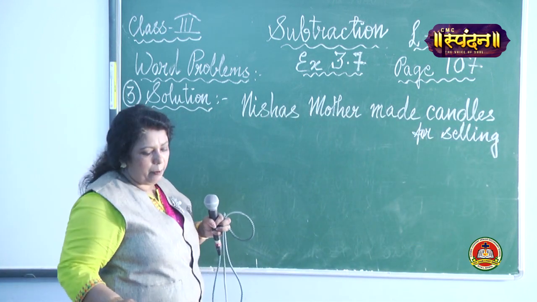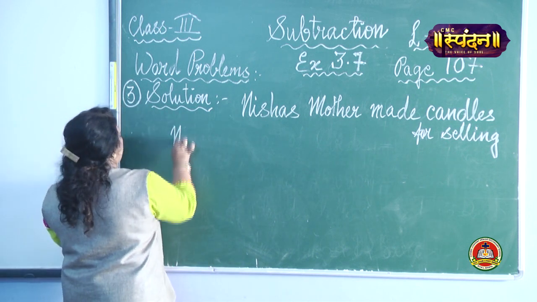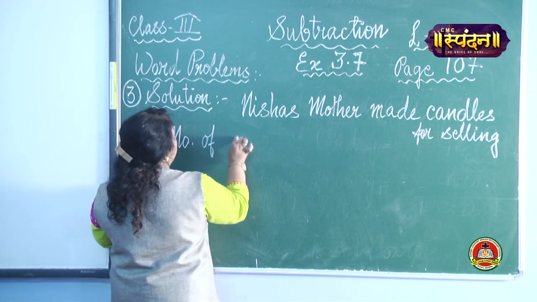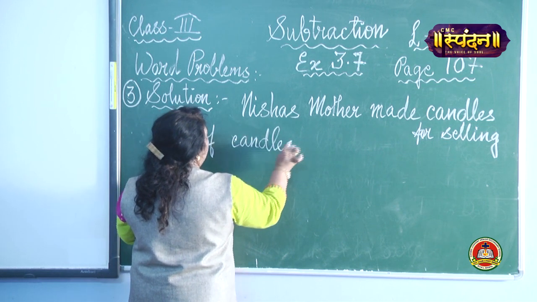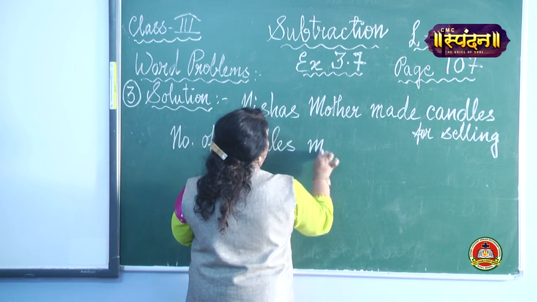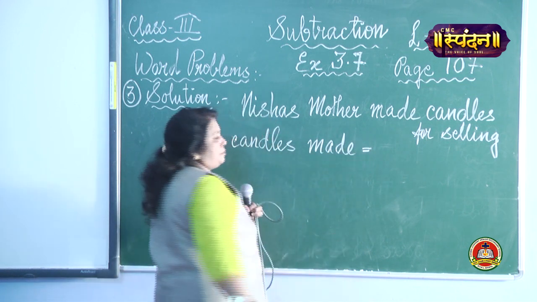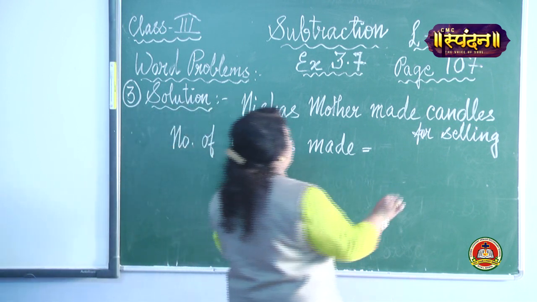First line, number of candles made. That is 4,350.